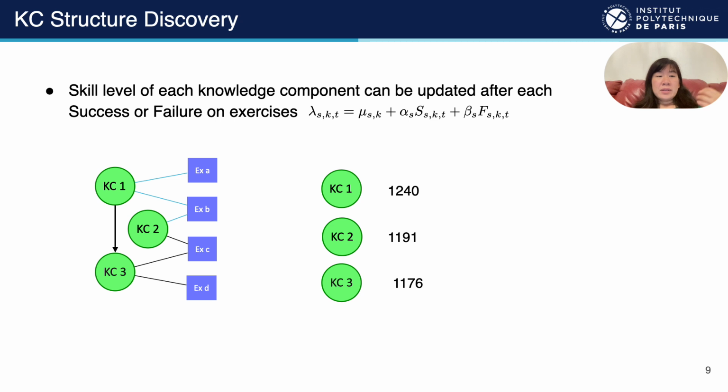So from data on the experience of students on different exercises, we can estimate the skill level lambda of a student S for knowledge component K at time t as equal to mu, the initial skill level, plus alpha, a constant, times S, the number of times he has succeeded on an exercise related to that skill K, plus beta times F, which is the number of times the learner S has failed on exercises related to the knowledge component K before time t.